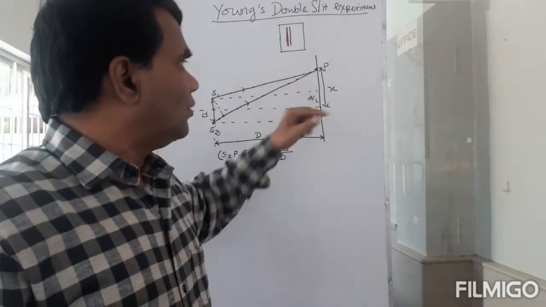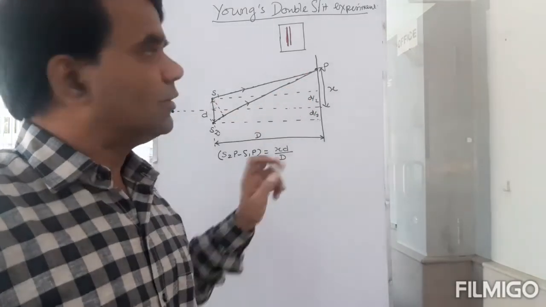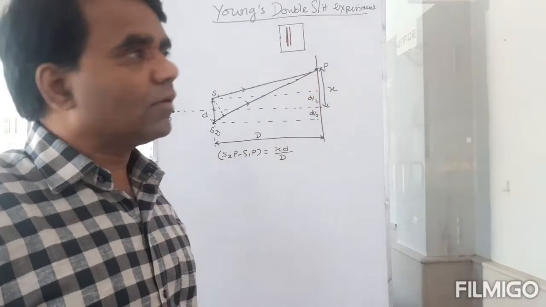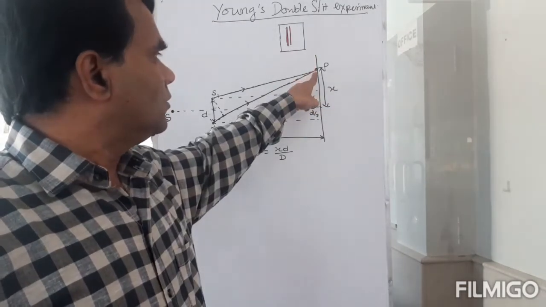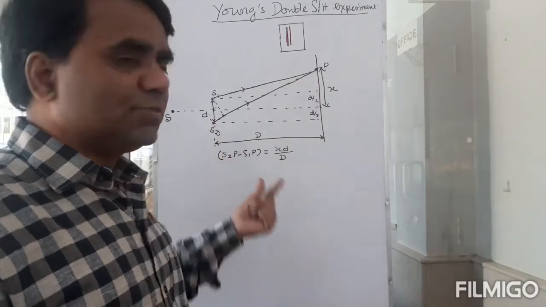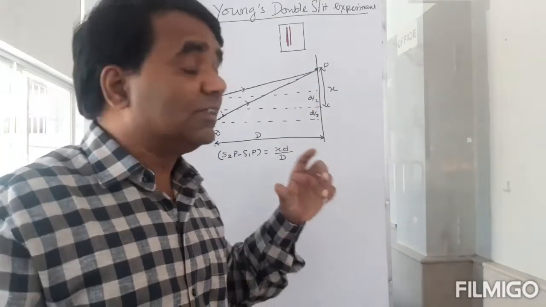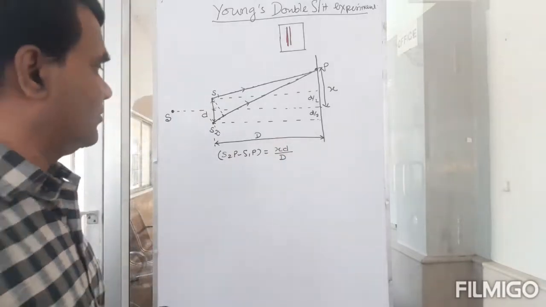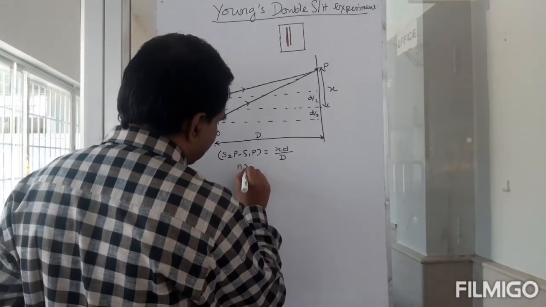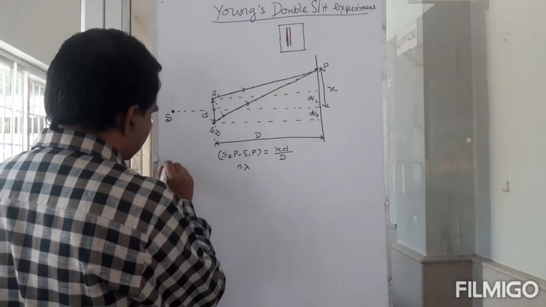So, what is the condition for this point to be bright? Well, for this point to be bright, the path difference must be equal to n lambda. So S2P minus S1P, if it is equal to n lambda, then P will be bright.